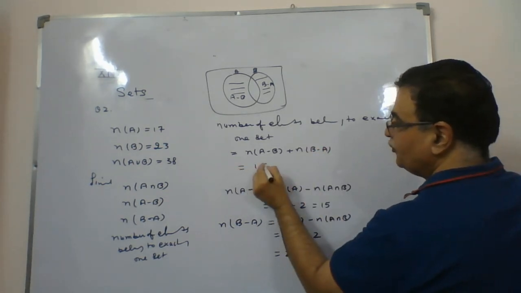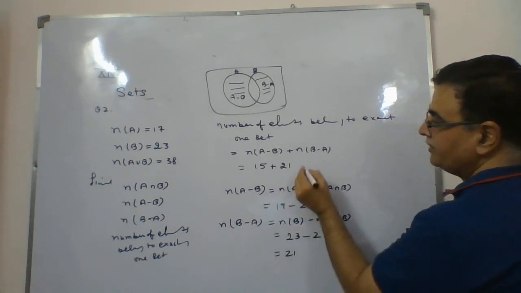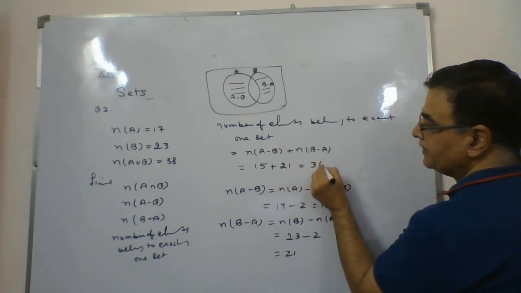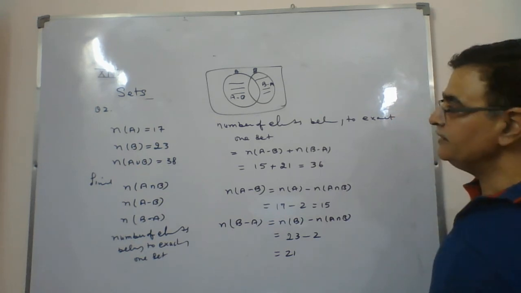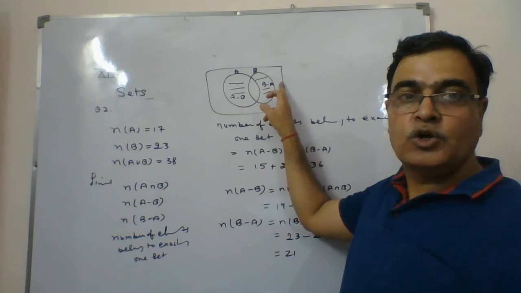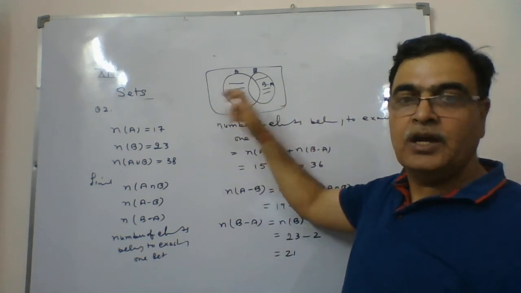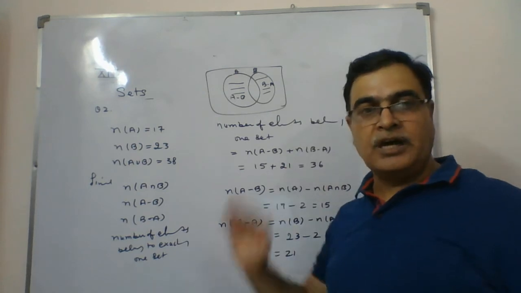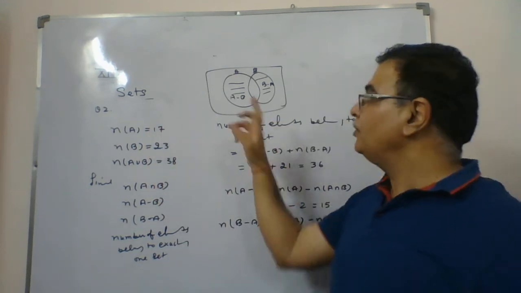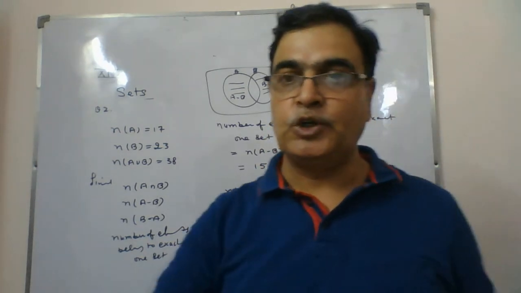So that is 15 plus 21, which will come out to be 36. So 36 are there which belong to only one set. They are either belonging to A or belonging to B, completely in A or in B, not in this portion. That will be here. So this is problem number 2 we have.